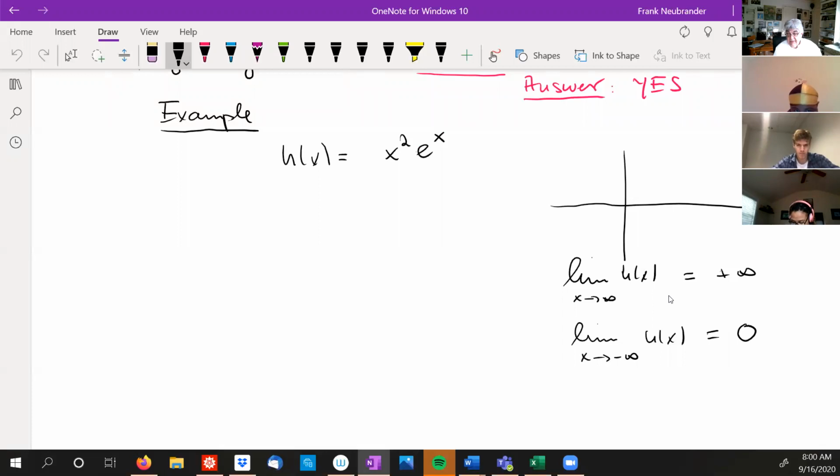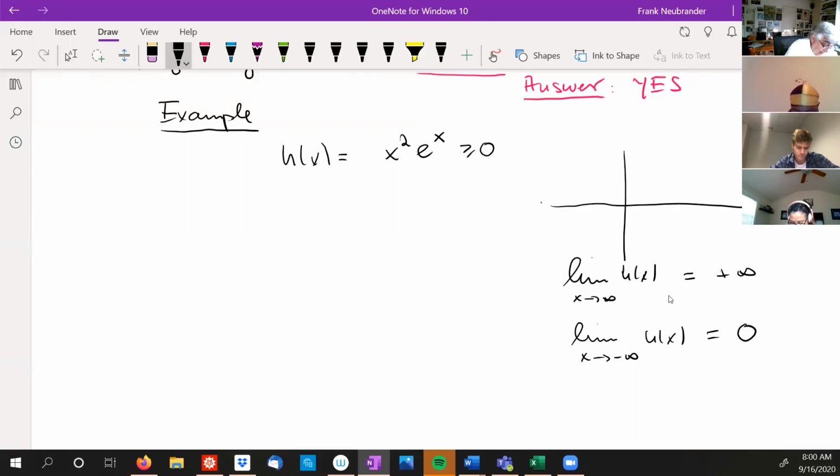And you see, this is stuff from chapter 2. In each and every homework problem in calculus, you have to take limits, because these two numbers tell you now where the graph starts and where the graph ends. So we have that h of x is always positive. X squared times e to the x is always a positive function.